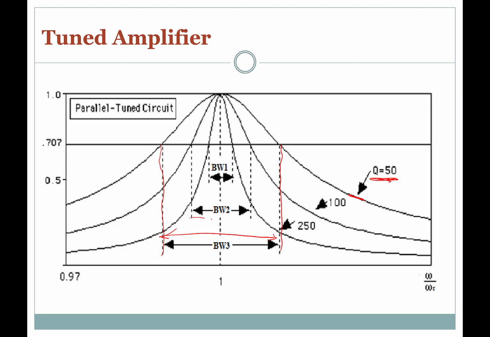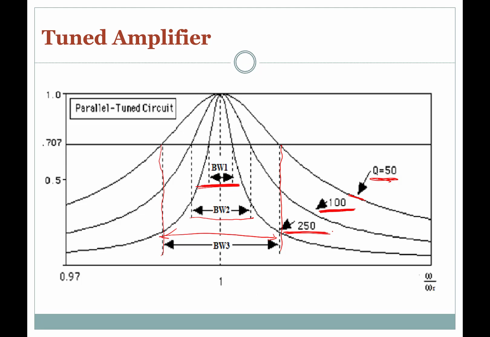As the bandwidth becomes narrower, the Q factor increases. As it continues to be very narrow, our Q factor becomes 250. So the smaller the bandwidth, the better the Q factor.